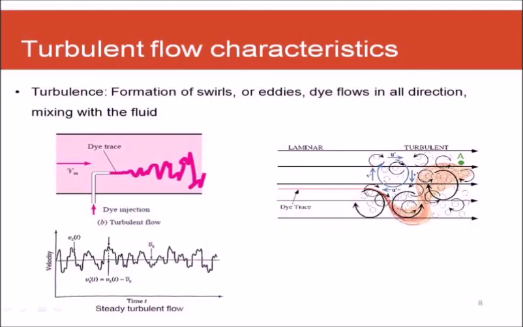If the flow rate is increased high enough in such a way that Re is much bigger than 2100, the dye stream will start spreading out in all directions because of the formation of eddies or swirls in the flow. If we measure velocity at the same point A, the time series will now look like this, unlike the earlier constant profile for laminar flow.